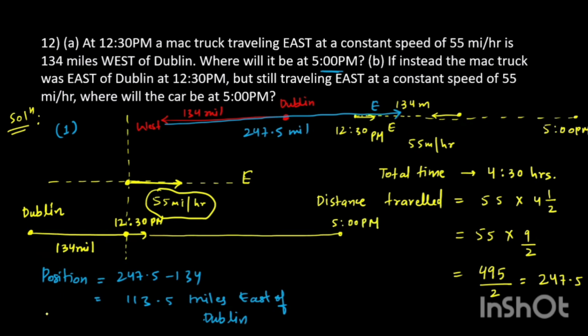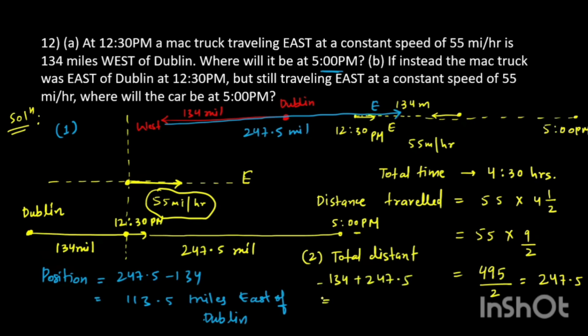We know that during the process, it has covered 247.5 miles. So from Dublin to this particular time, how much total distance is it going to cover? Can I add these two numbers? 134 plus 247.5.